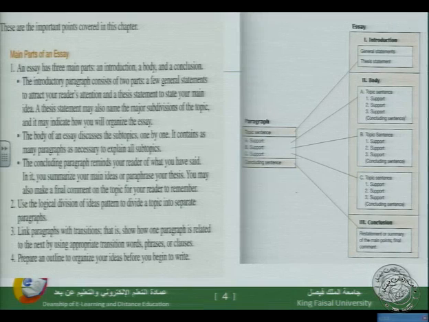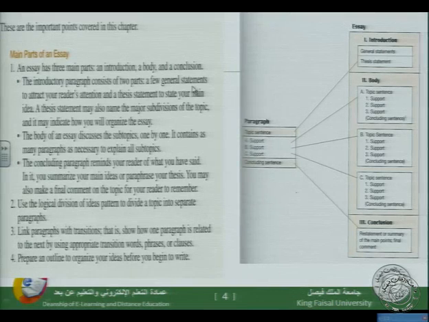A thesis statement may also name the major subdivisions of the topic, and it may indicate how you will organize the essay. The body of an essay discusses the subtopics one by one, and it contains as many paragraphs as necessary to explain all the subtopics.